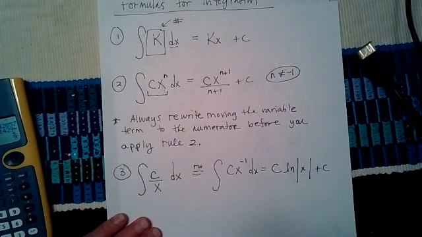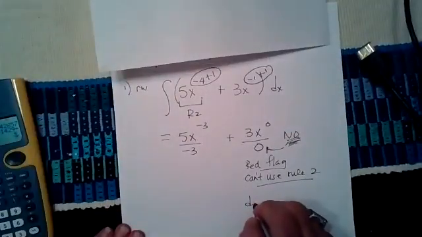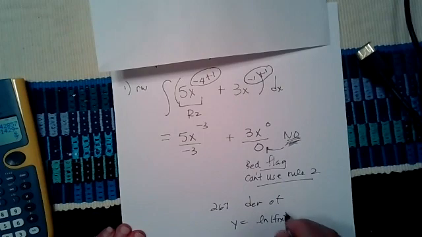Okay. So if you recall from 267, the derivative of y equals the ln of a function was the derivative of the function over the function.